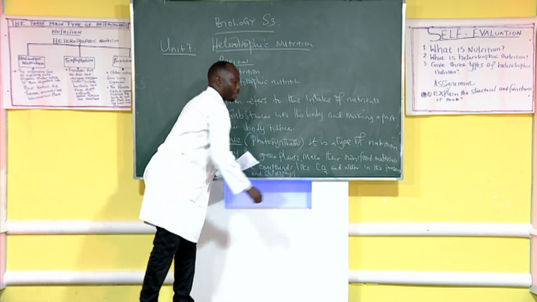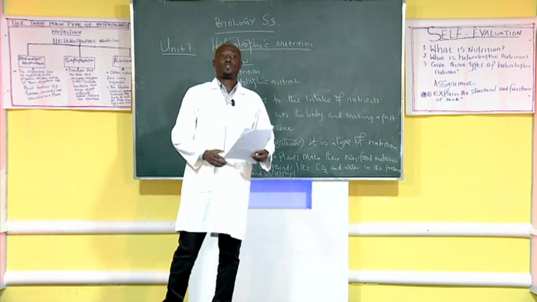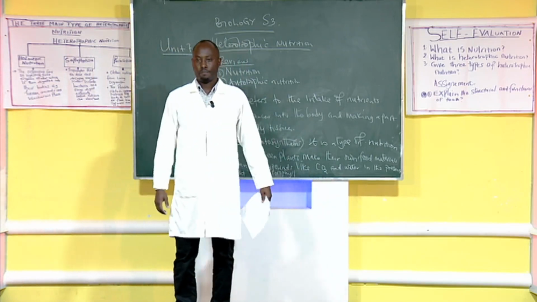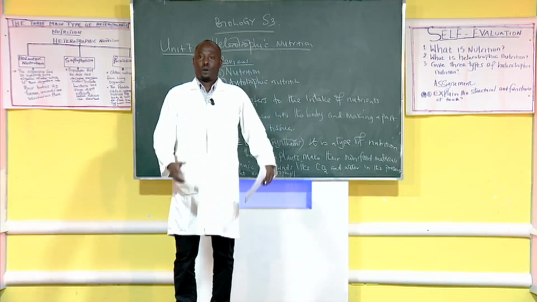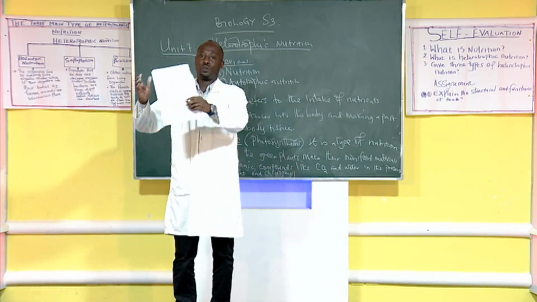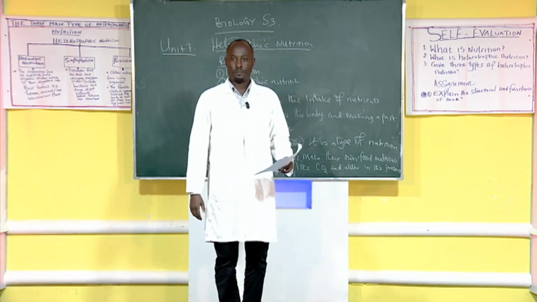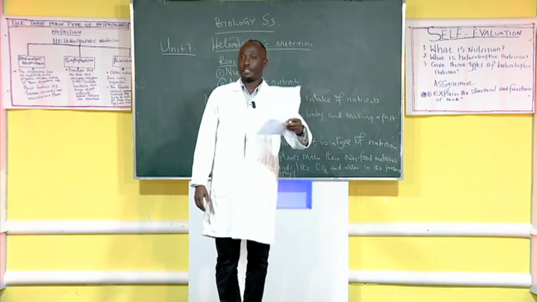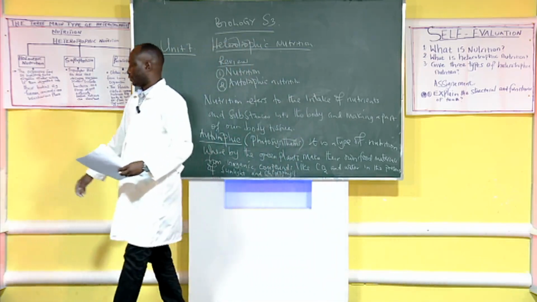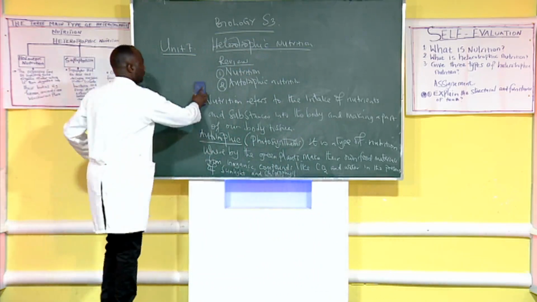Students, who can give me the equation of photosynthesis? And what are the raw materials? What are the conditions? And what are the products? Excellent. She said the definition. Let me write the definition.